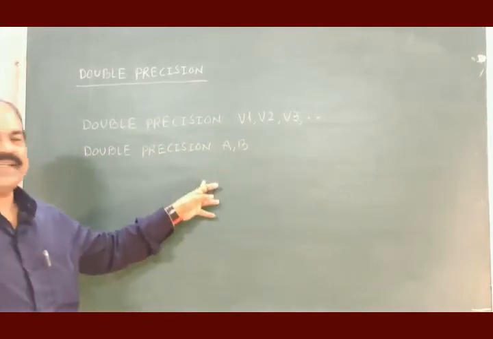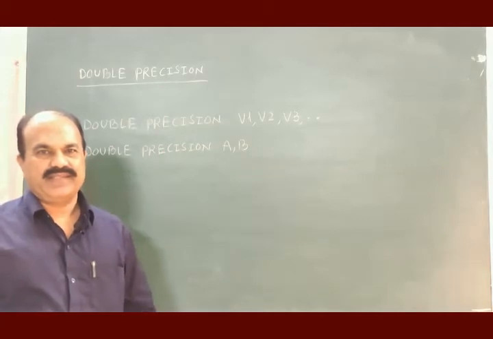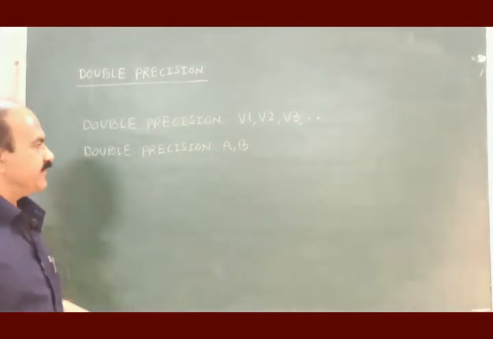Double precision statement, A is the variable, B is the variable. Let me consider one small example.